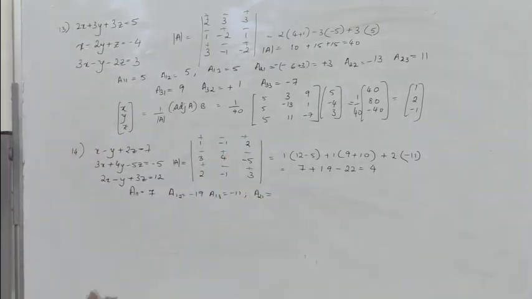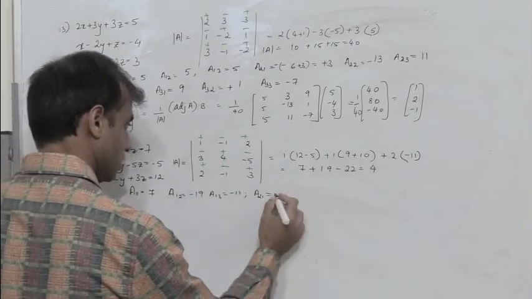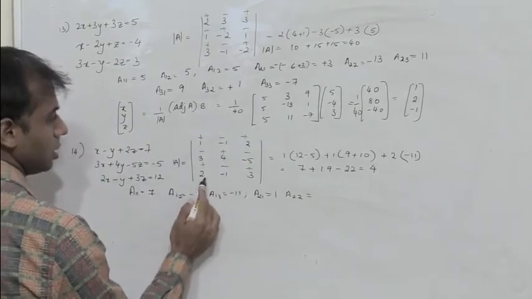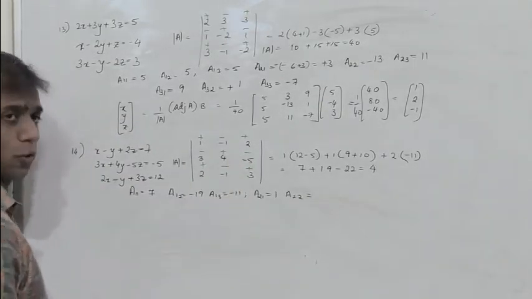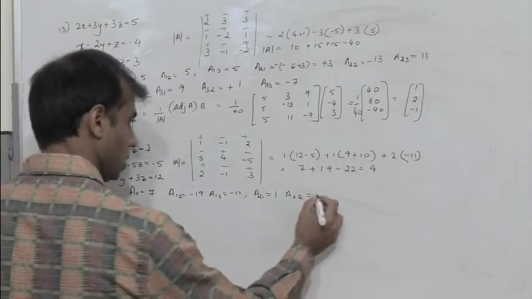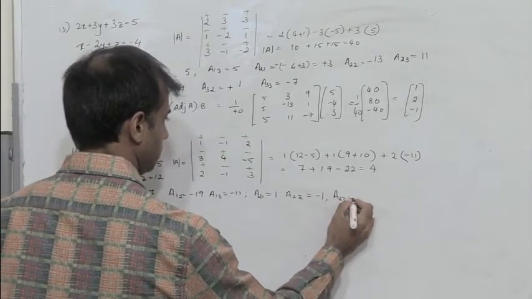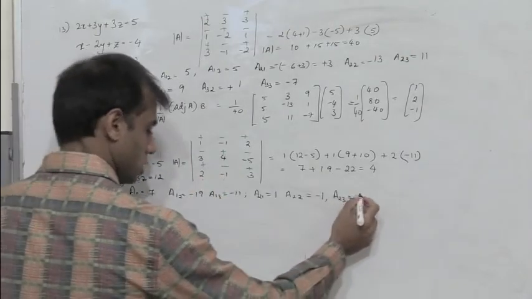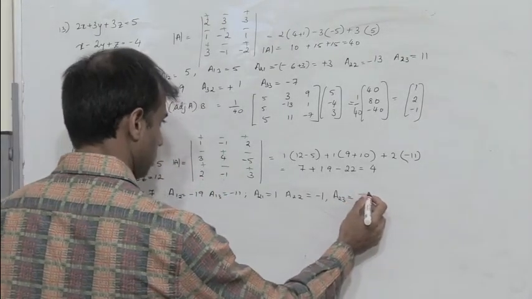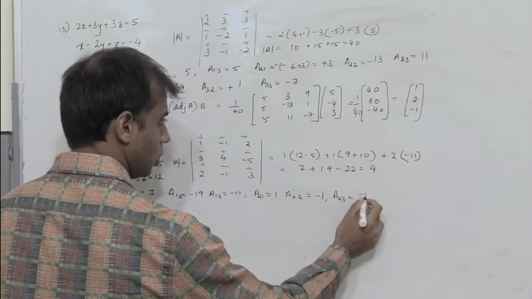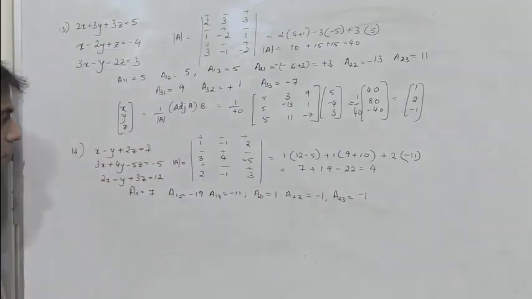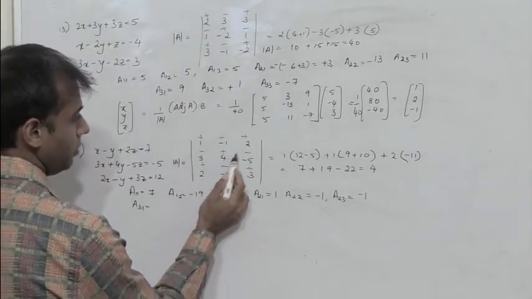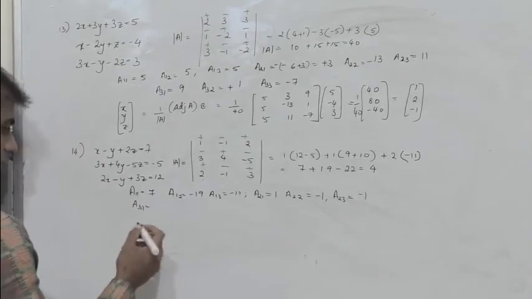Minus 3 plus 2 is minus 1 with of course a minus sign, which gives me 1. Next A22 is 3 minus 4, so 3 minus 4 is minus 1. Next A23 is minus 1 plus 2, which is plus 1 with a minus sign, so I get minus 1. Next A31 is 5 minus 8, which is minus 3.